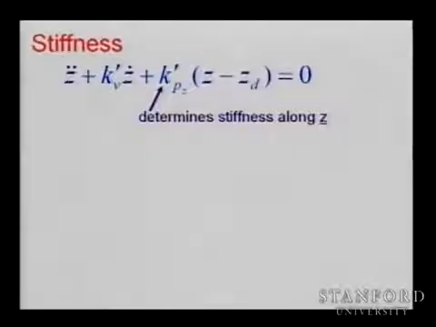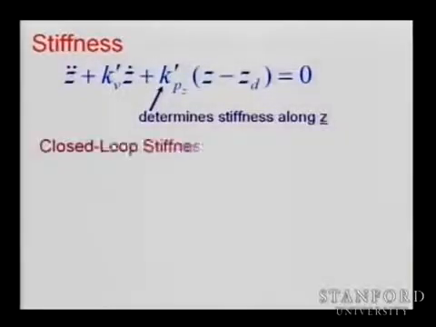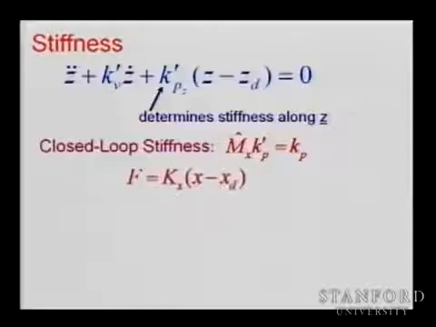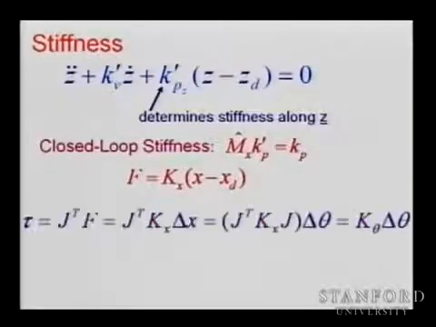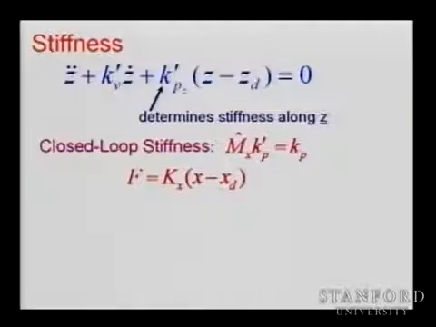This kp prime has a very important role in determining the stiffness, but really the closed loop stiffness. Remember, you have multiplied kp prime by m hat. So this is your closed loop stiffness. And if you think about it in terms of just the spring aspect, you can see that kx is your stiffness. But now, what is the corresponding stiffness in joint space?